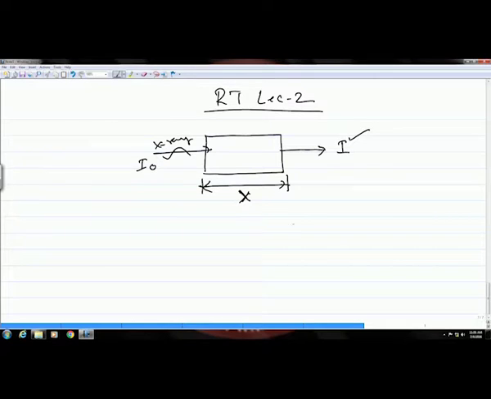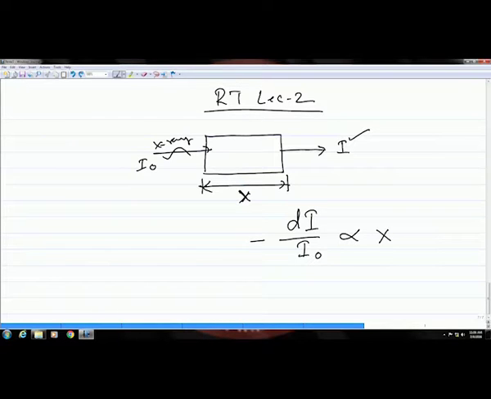So, this fractional decrease dI by I naught, and since it is a reduction, we will use the negative sign, is proportional to the thickness or the distance that the X-rays travel through.